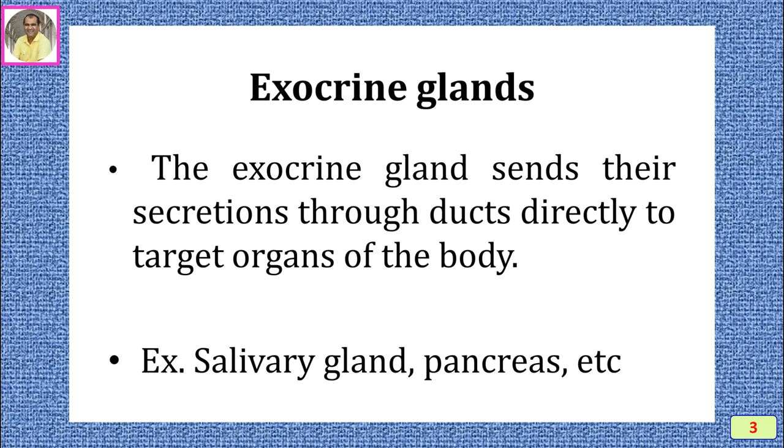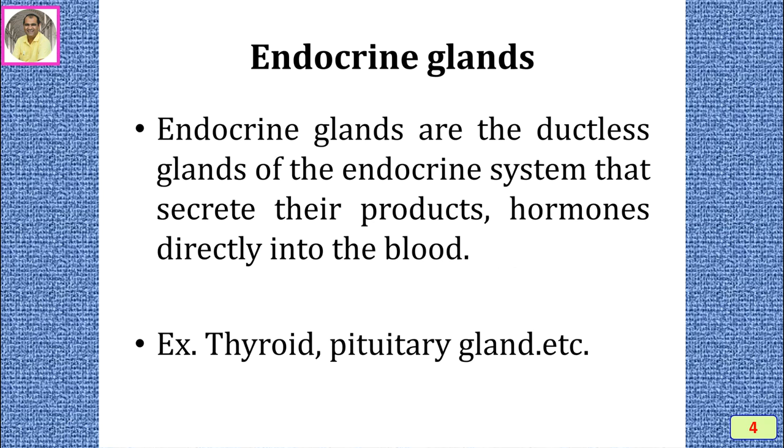These are glands which produce certain types of secretions and send them into an organ. For example, the salivary gland, pancreas, bile, and many more are exocrine glands. Whereas the endocrine glands, which we will discuss later, are the ductless glands of the endocrine system that secrete their products, or hormones, directly into the blood vessels.